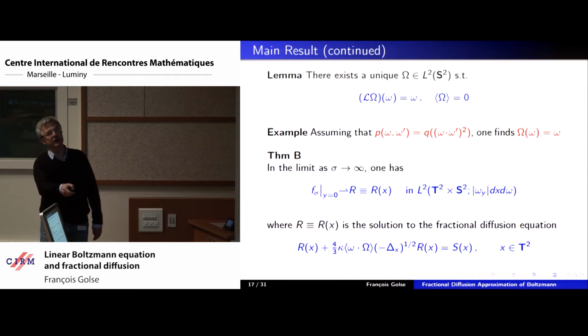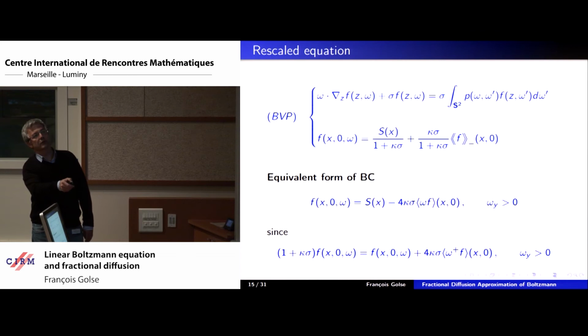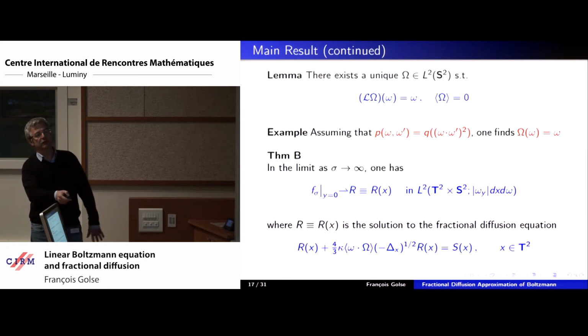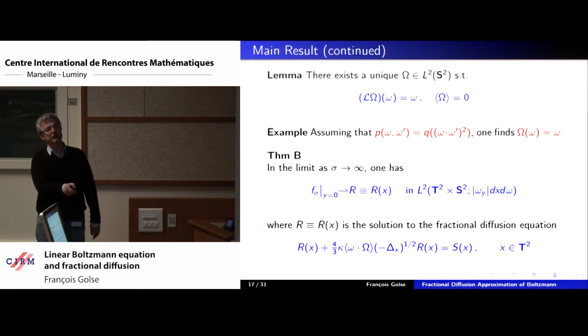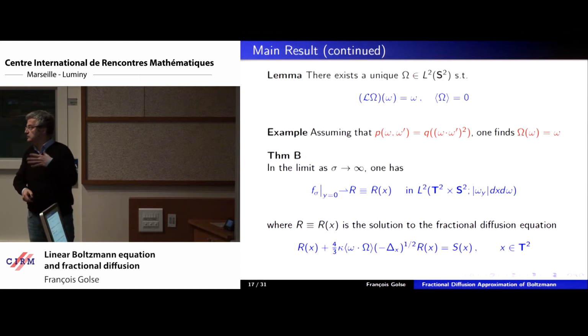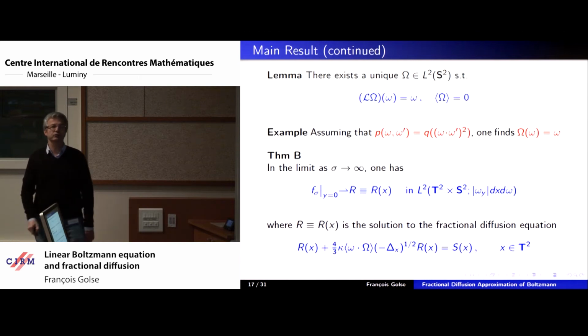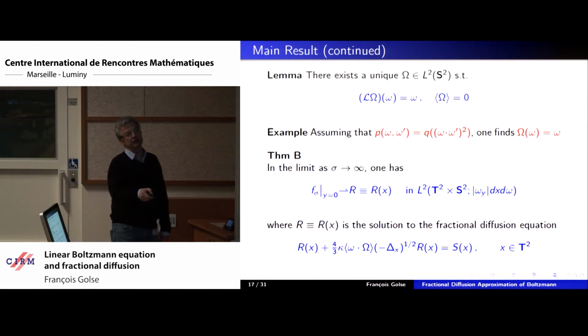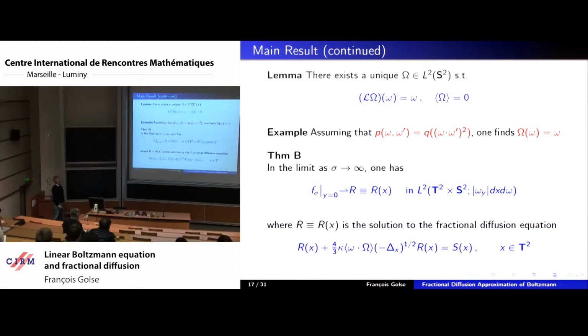So the s, I remind you, is the source term which appears in the boundary condition here. And then the restriction of f to the boundary, the Dirichlet condition for f on the boundary, is obtained by solving this fractional diffusion equation. Here, the coefficient involves a capital omega function, and the way you obtain this capital omega is by solving this integral equation.